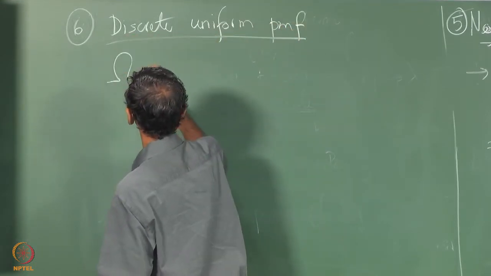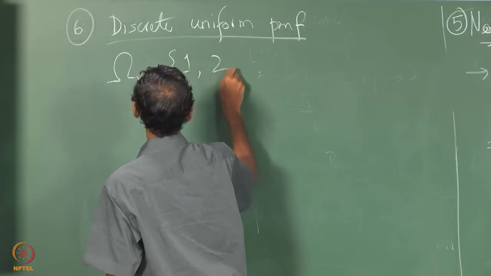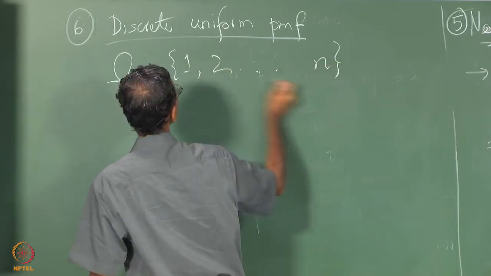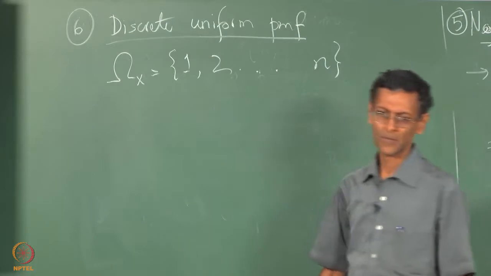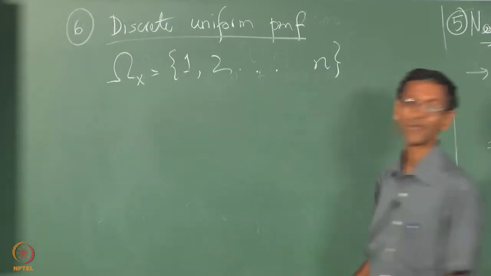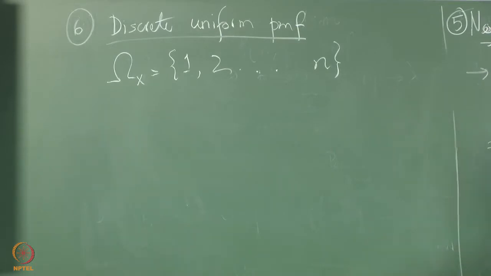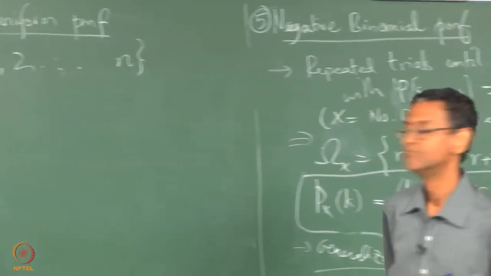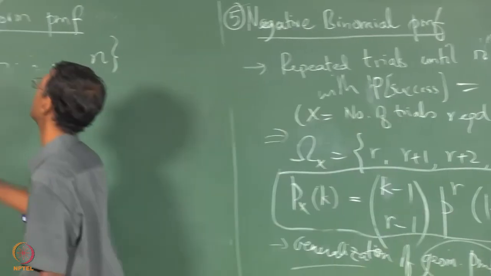So here omega x is very simple, it is just 1 to n. N is finite now, N cannot be infinity in this case. What is Px of k?